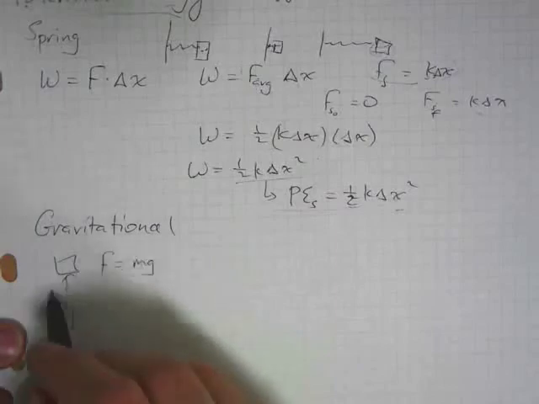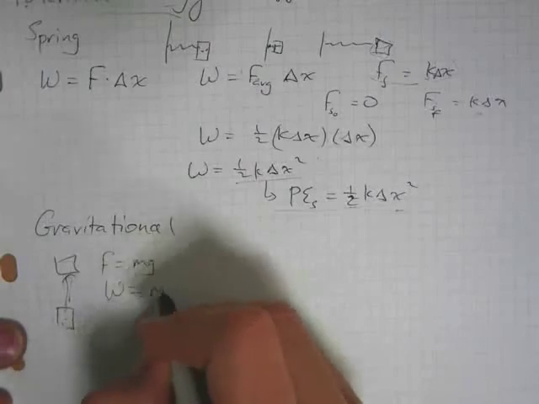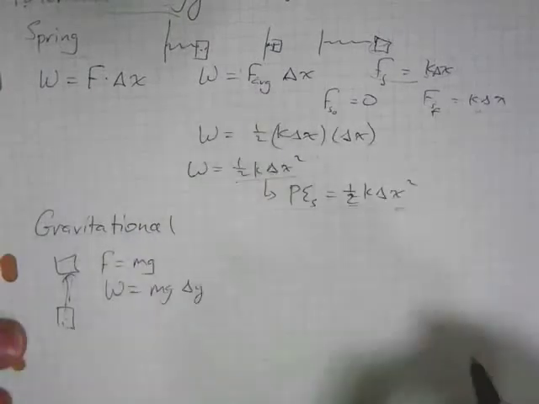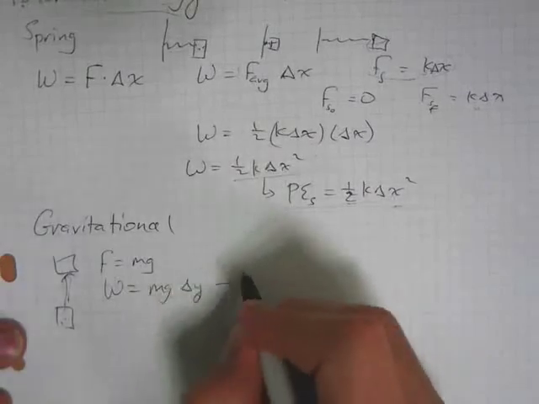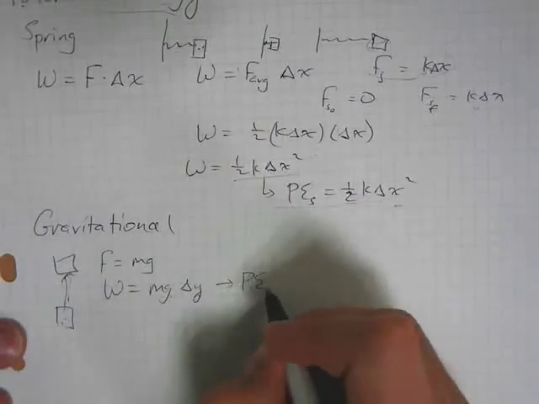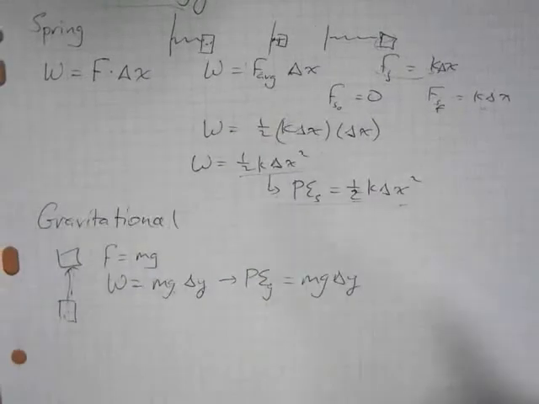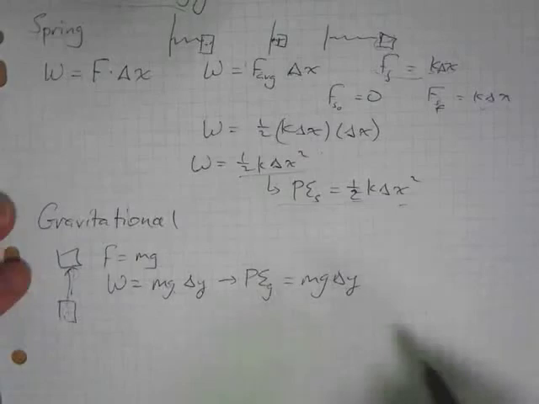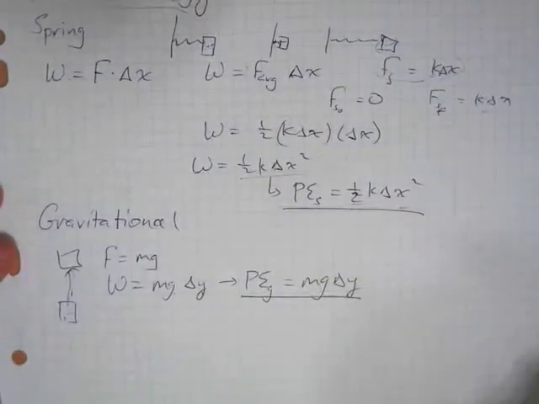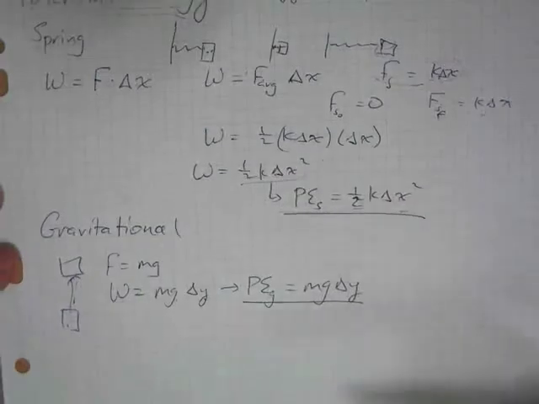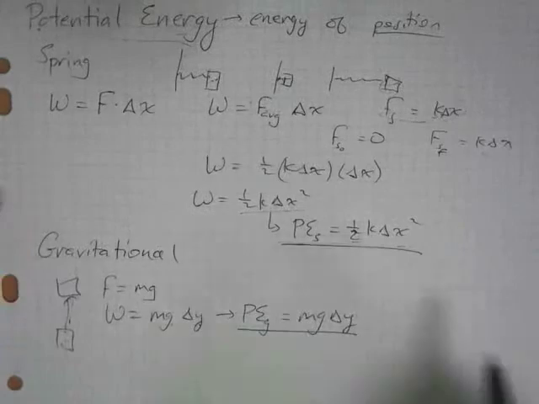So for a positive moving up, the work that you do is mg delta y, force times distance. And this is the definition. So if you do that much work on it, you give it that much gravitational potential energy, mg delta y. So gravitational potential energy is mg delta y. Spring potential energy is 1/2 k delta x squared. So those are the definitions of our two potential energies.